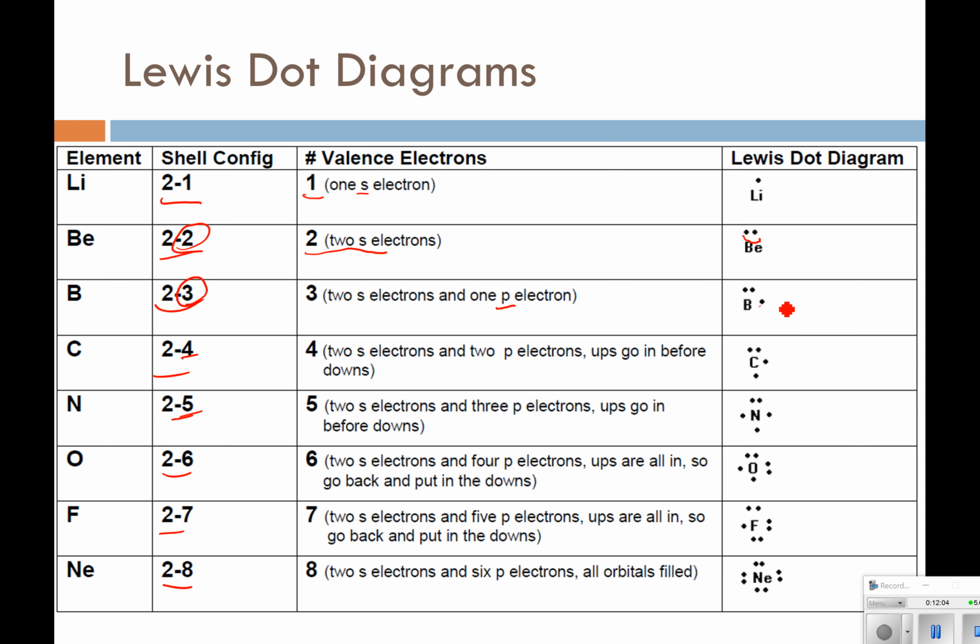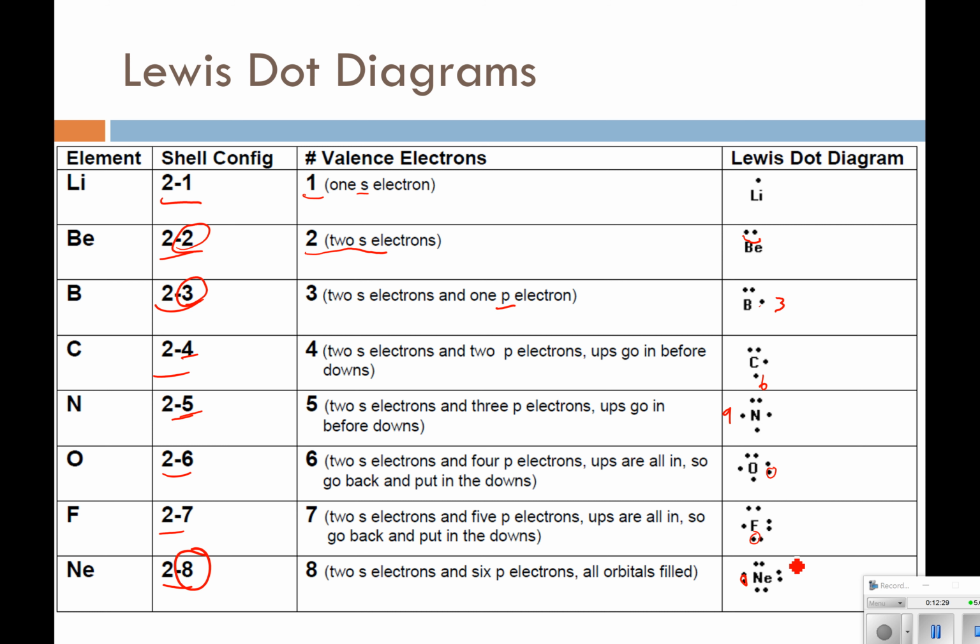You can see that we fill at 3 o'clock, at 6 o'clock, at 9 o'clock. 12 o'clock is already filled because that's the s, and we fill that one first, 1, 2. And then as we come down here, we can pair them up once the 3, 6, and 9 o'clock are filled. So now we pair up.